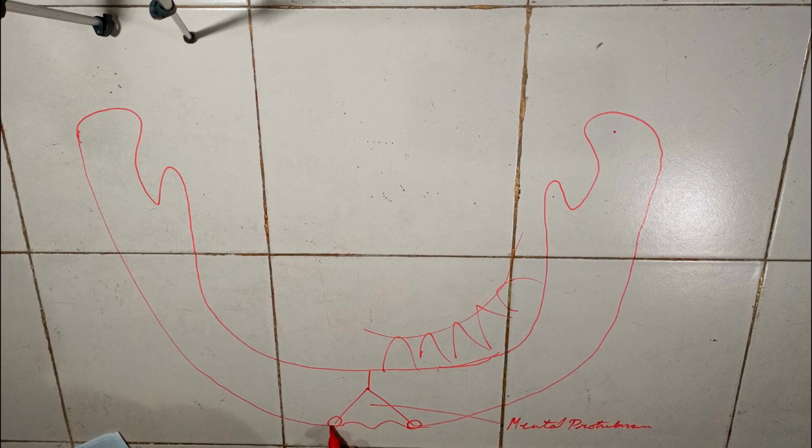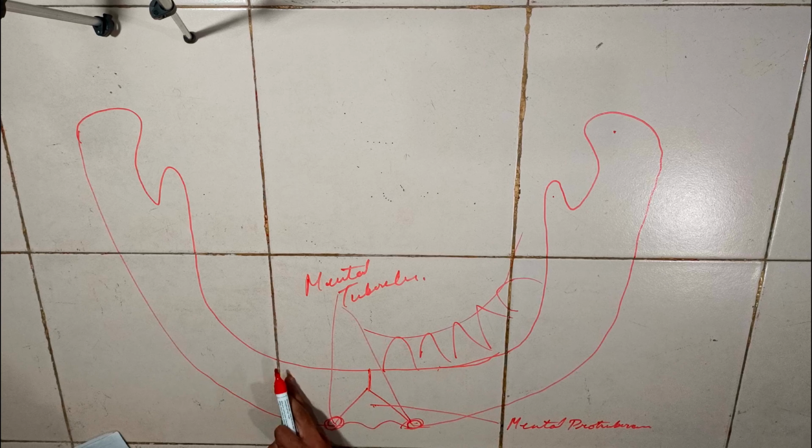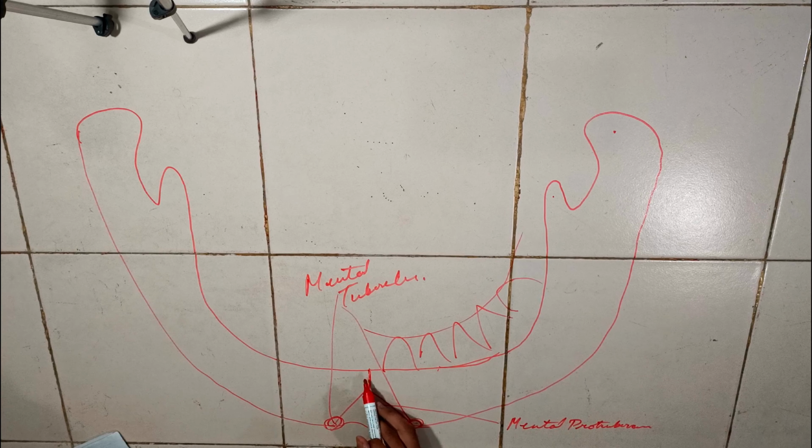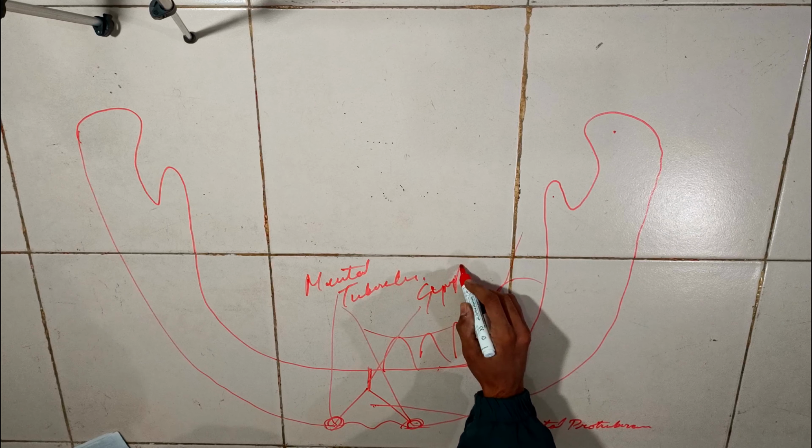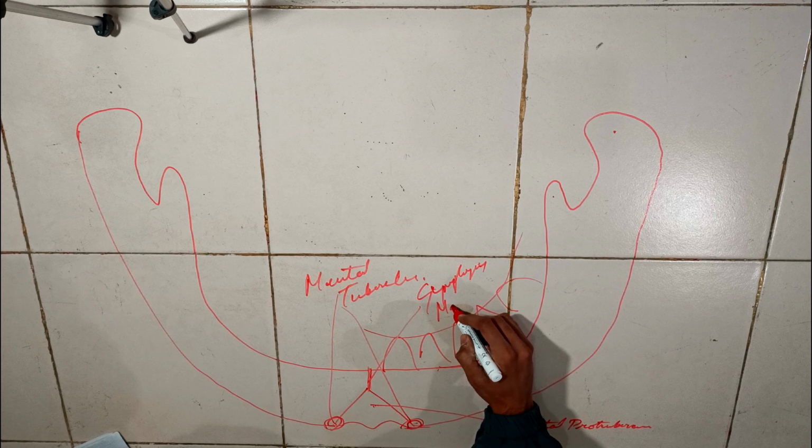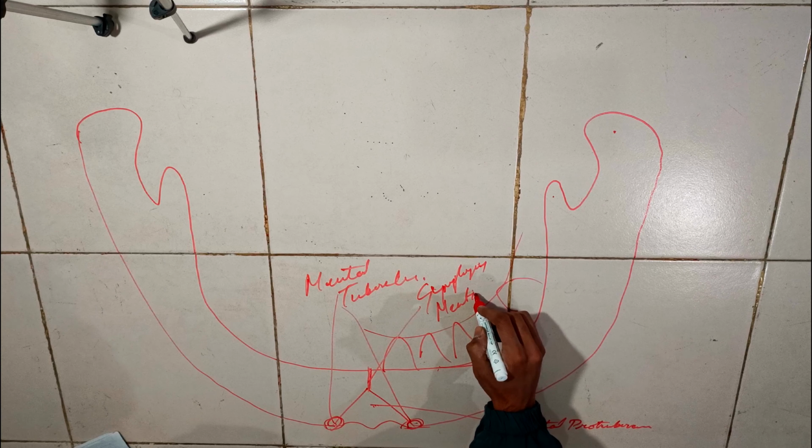These are mental tubercles, this is the mental protuberance, and the line joining the two parts of the mandible is where they are fused. The body of the mandible is formed during the embryonic and fetal stage. When these bones are formed, they are fused in the center at the point called symphysis menti. Symphysis means joining, and menti is for mandible.